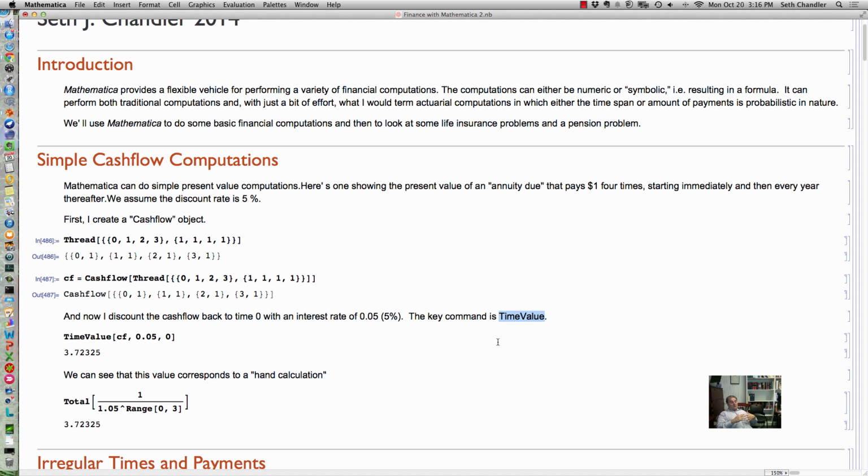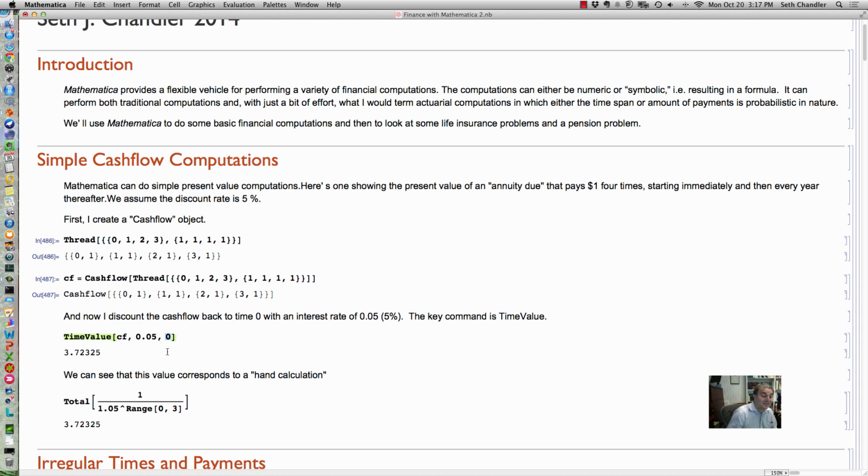In Mathematica, this all gets unified under the idea of time value. And time value, in its simplest form, has 3 arguments. It has something to represent the cash flow, which is this CF, which we defined up here. It has an interest rate, and it has a time at which you're making the measurement.